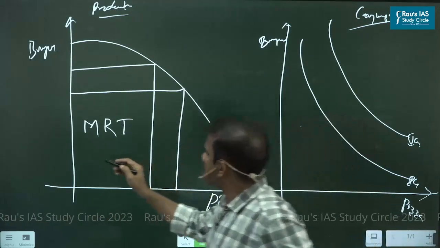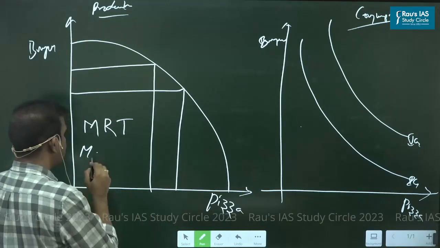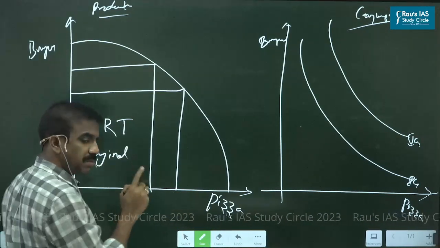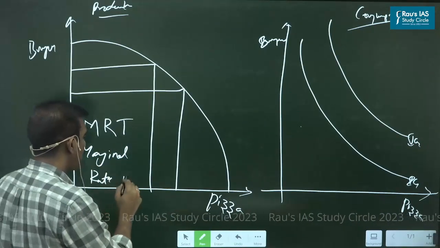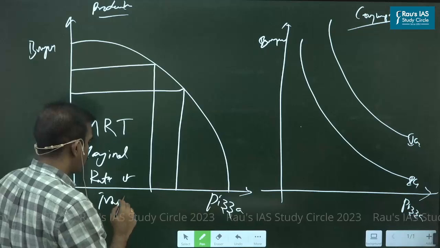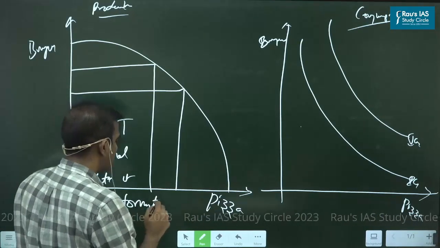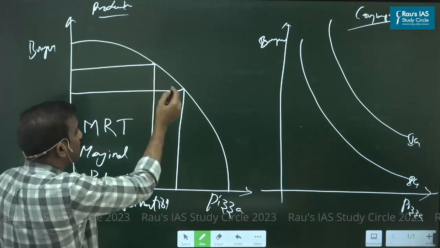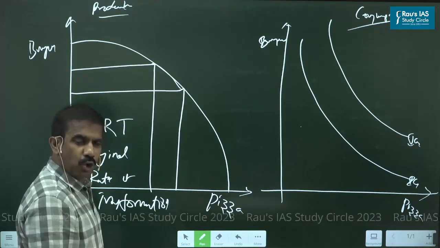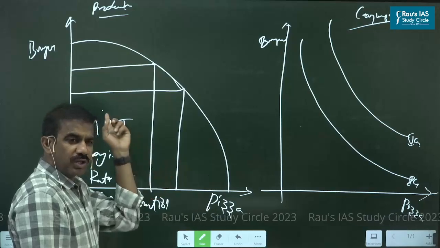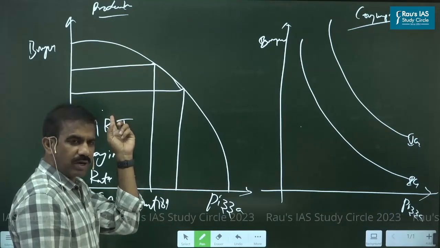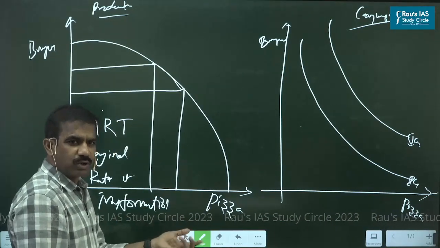In fact, do you want me to write it? Marginal does mean, like I will say, marginal simply is an extra. Rate of transformation. So it does mean you are trying to simply look at the slope. Am I right? The slope itself. Yes or no? Change in Y by change in X gives you the fall in quantity of pizza by burger, isn't it?